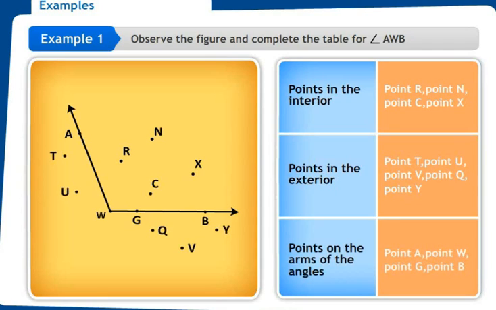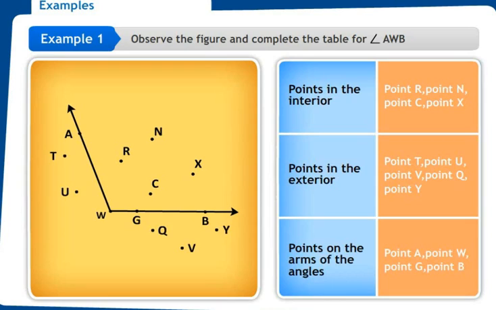Now points on the arms of the angle, you can see point A, point W, point G and point B. Now in this sum we can conclude that all those points that lie inside the angle are the points in the interior of the angle. The points which lie outside the angle are the points in the exterior of the angle, and there are points which are on the arms of the angle.